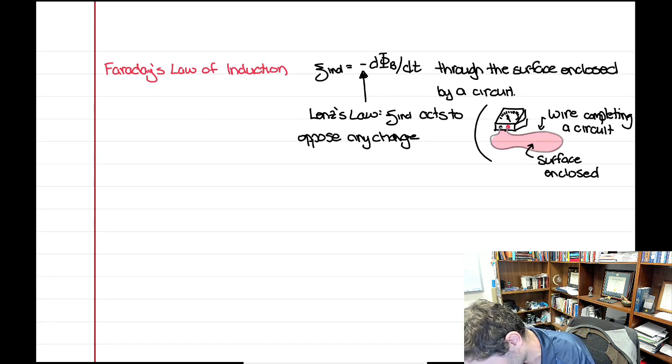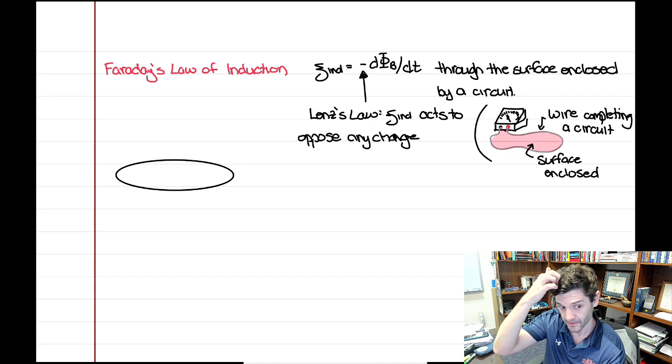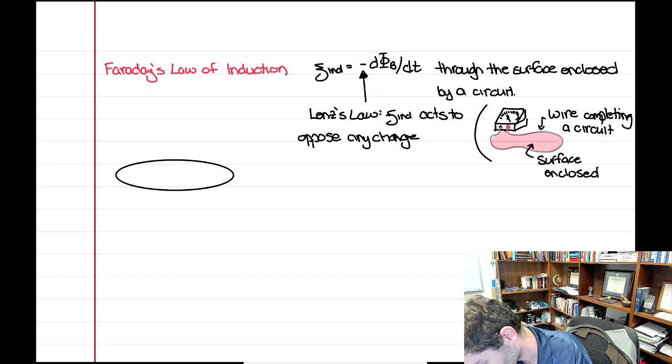So, again, as an example of how this looks, suppose I have a circular conducting loop, and therefore my well-defined surface is the region within it.